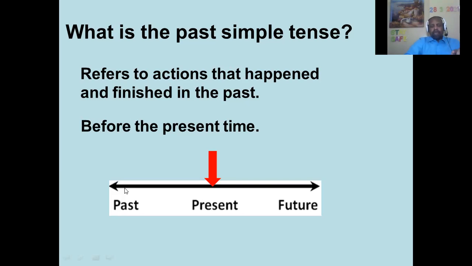That's what I'm talking about. Before the present time might be yesterday, might be 2 days ago, 3 weeks ago, or in 1995, past time. Simply, that is not on the present time. Any action that happened and finished, completed in the past.